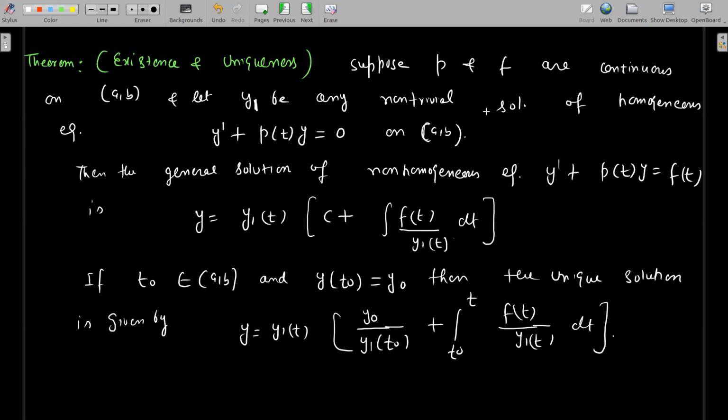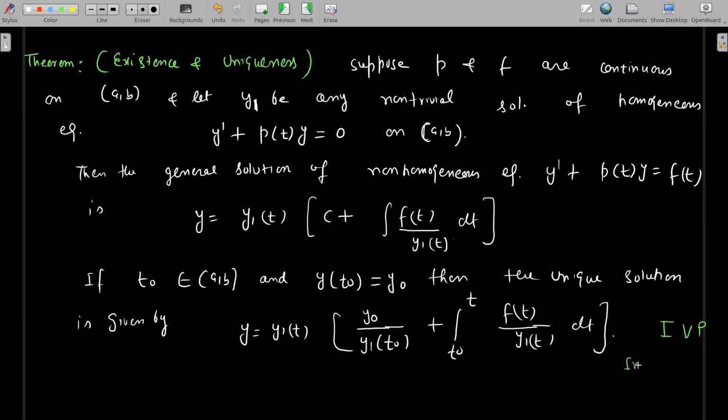देखो P और F क्या है, coefficient है, right hand side है, they are continuous functions on some interval, and y1, what is the y1? Y1 is a solution of the homogeneous equation, so equals to 0 on some interval. Then it says that the solution of the non-homogeneous equation is given by this formula, y equal to this one, and if you have one initial condition, इसको हम बोलते हैं initial value problem, IVP बोलते हैं.